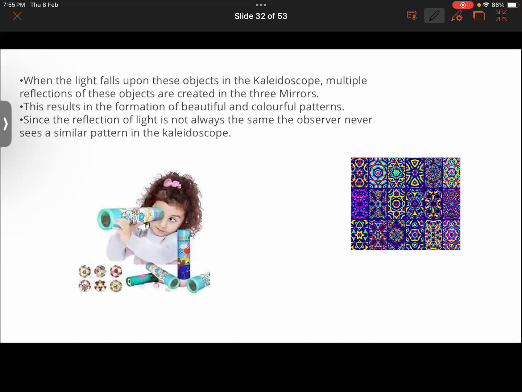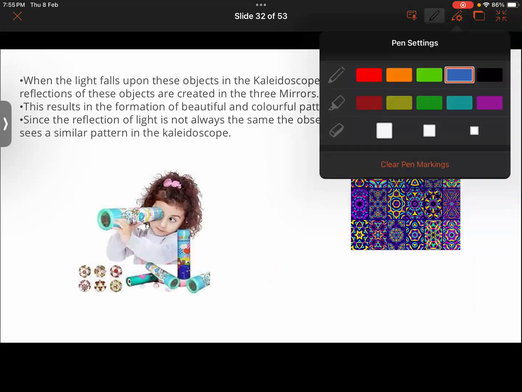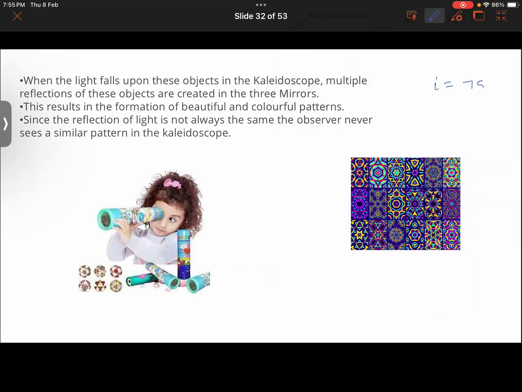Meanwhile, Arham, you tell me if the angle of incidence is 75, what will the angle of reflection be? Also 75. Okay. Moaz, define to me what you mean by angle of incidence. Can you draw it on a paper? Okay, sir, I will draw. Yeah, Ahmed, what is the first law of reflection?